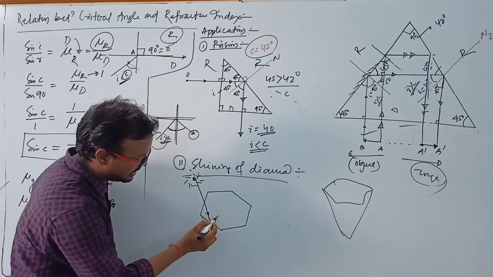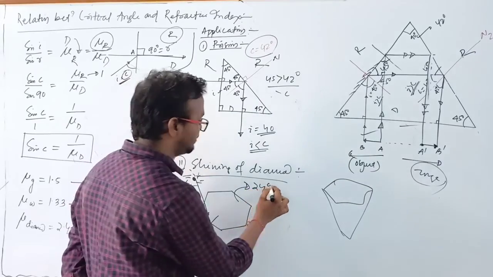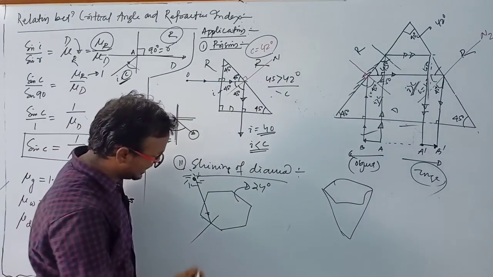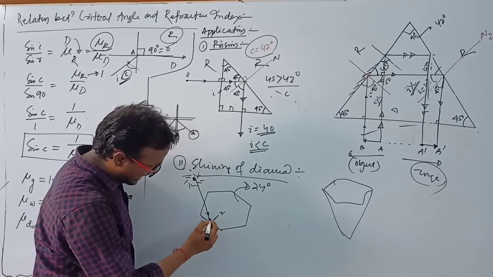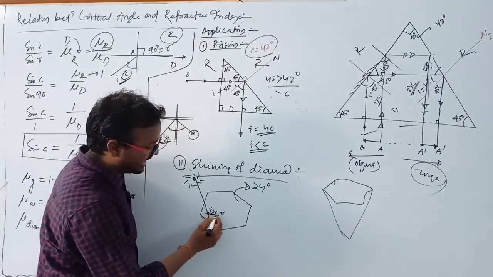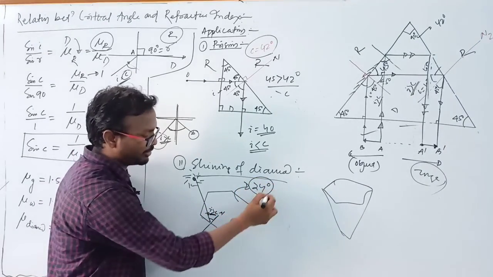Clear? And it strikes at this point. We have to draw a normal here, and the critical angle is equal to 24 degrees. Now this is the normal N1 and this is the angle of incidence I, which is greater than the critical angle, that means greater than 24 degrees.